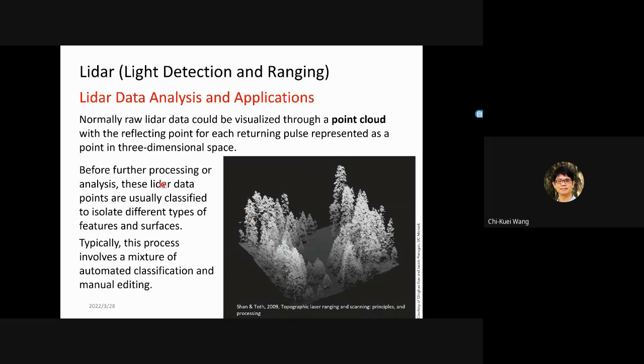Before we can further process it for analysis, these LiDAR data points, point clouds, we usually need to classify them to isolate them into different types of features. Of course, automatic algorithms exist to help you classify vegetation, ground, and buildings.